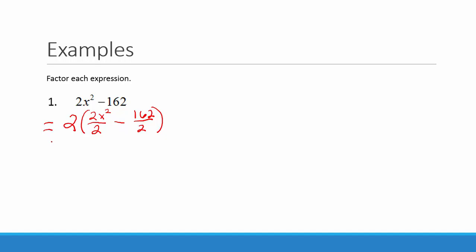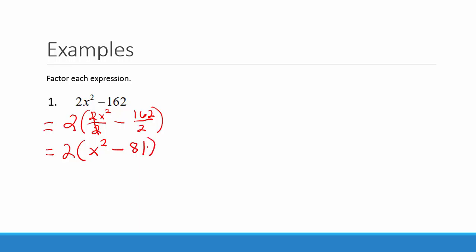Then we will simplify what's inside the parentheses. 2 divided by 2 is equal to 1, so we're left with x squared. And 162 divided by 2 is equal to 81.